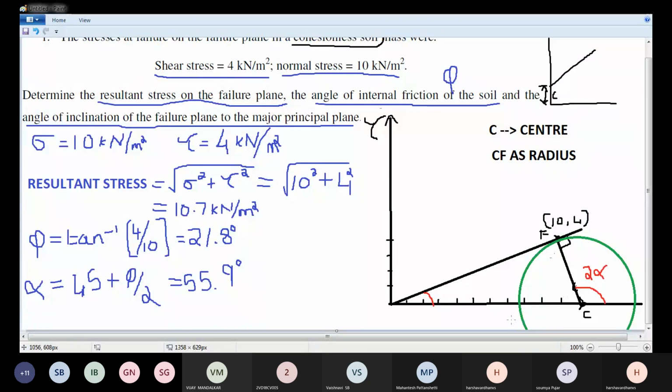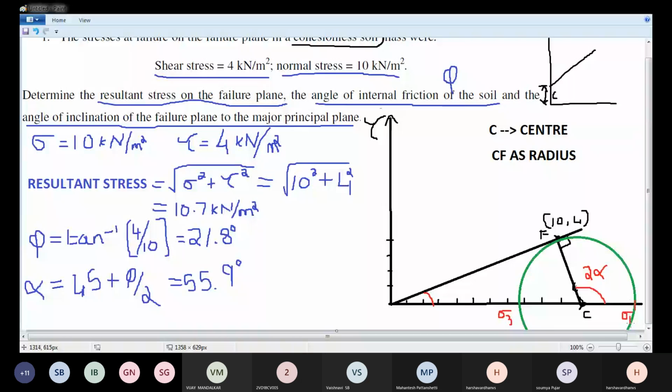Because we have drawn the Mohr circle, you can also calculate sigma 3. This value is sigma 3. 1 2 3 4 5 6 7. Sigma 3 lies between 7 and 8, and wherever the circle touches here, that is my sigma 1.